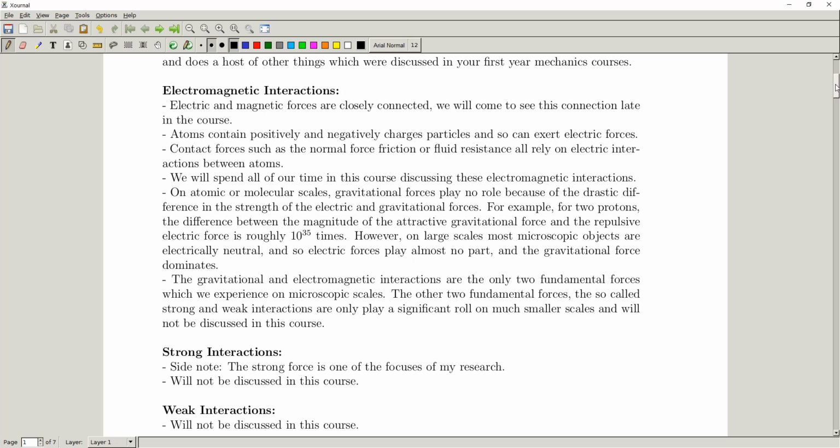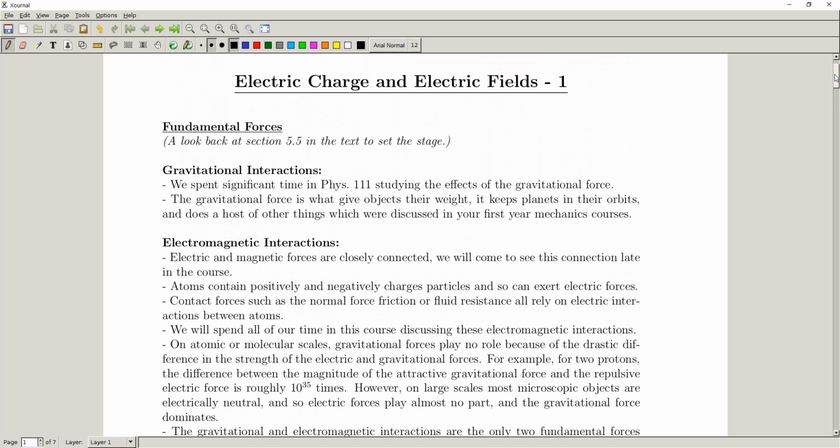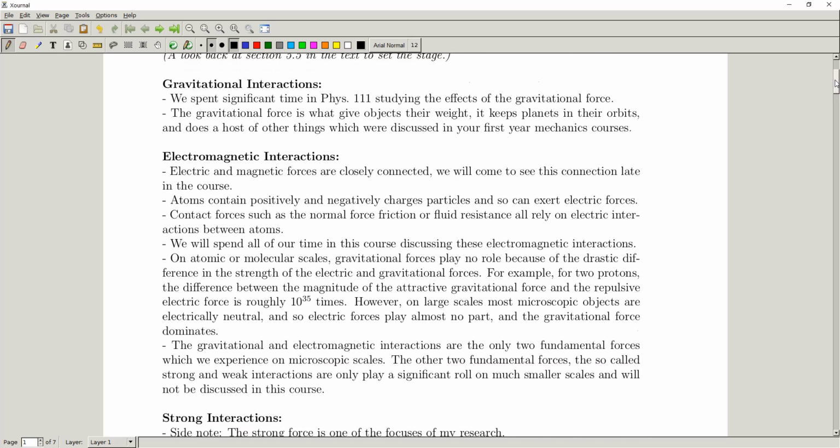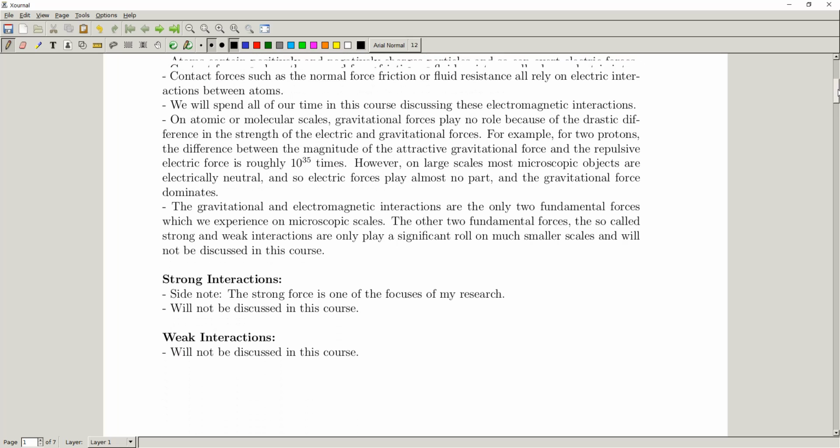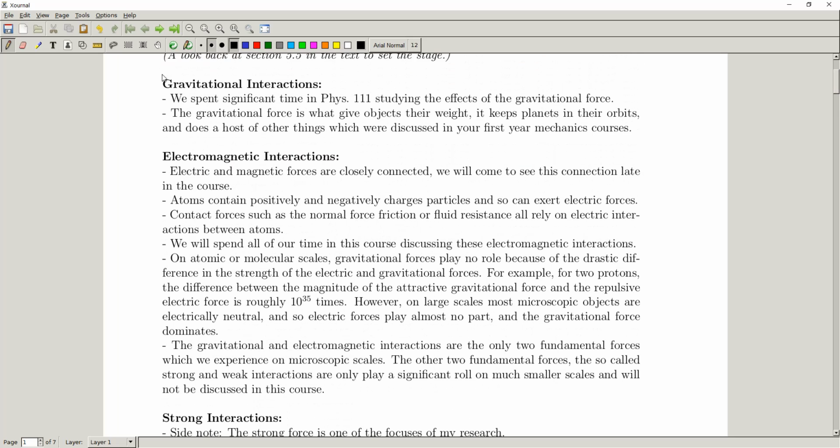And so I mentioned that there were four fundamental forces. We briefly discussed gravity, which you guys are already quite familiar with. We talked a little bit about the electromagnetic interaction. These two interactions, gravity and the electromagnetic interaction, are the two forces that we see on macroscopic scales.